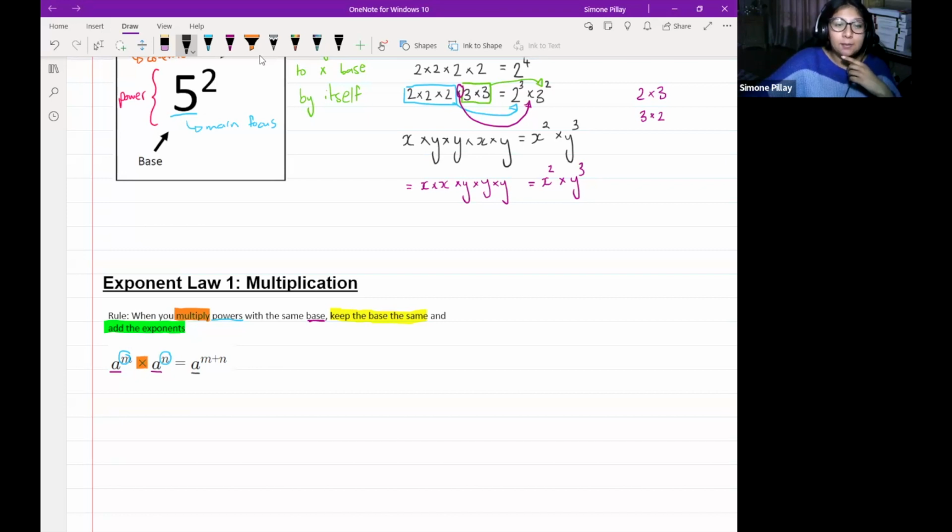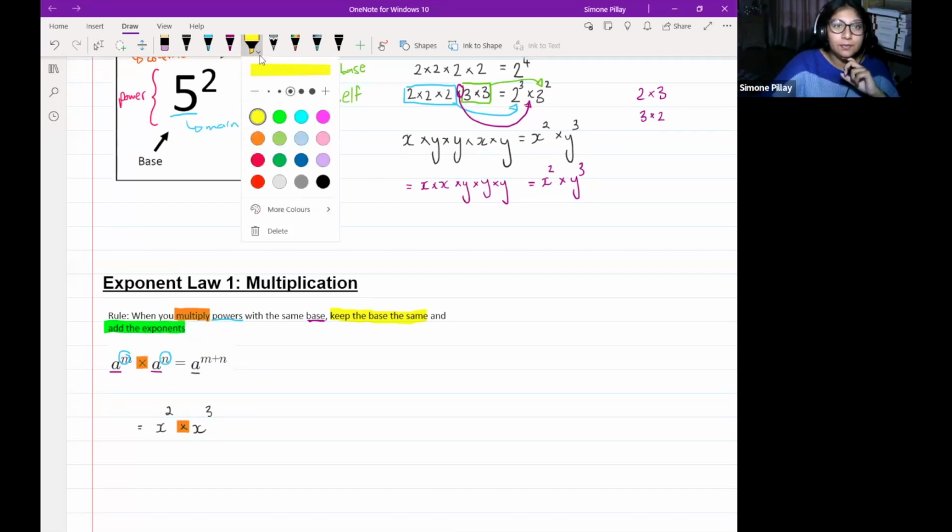If I had something like, let's go with x squared times x cubed. Let's look at this. Can I apply exponent law 1? I first need to see, am I doing multiplication? Yes. Are my bases the same?